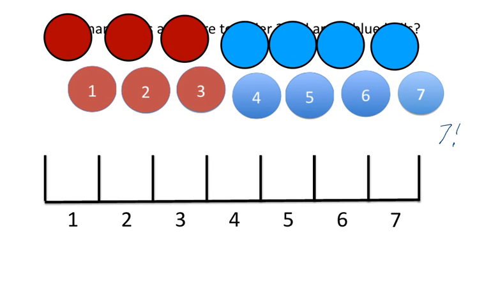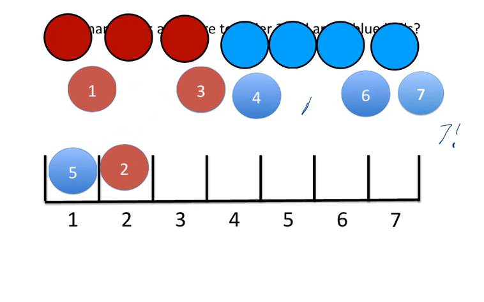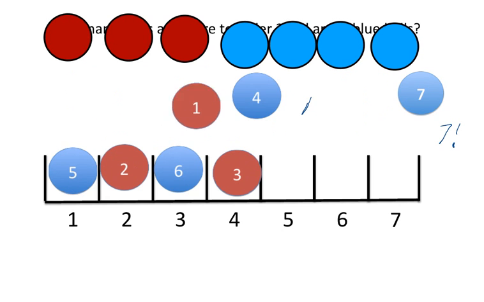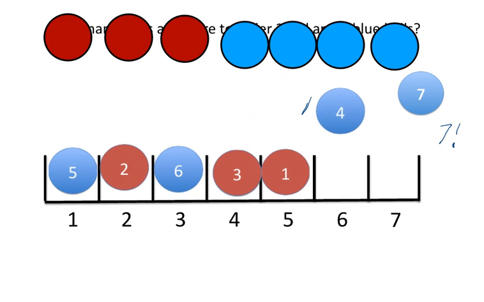So we basically put something in the first bin, 7 possibilities, 6 possibilities, 5 possibilities, 4 possibilities, 3 possibilities, 2 possibilities, and 1 possibility.